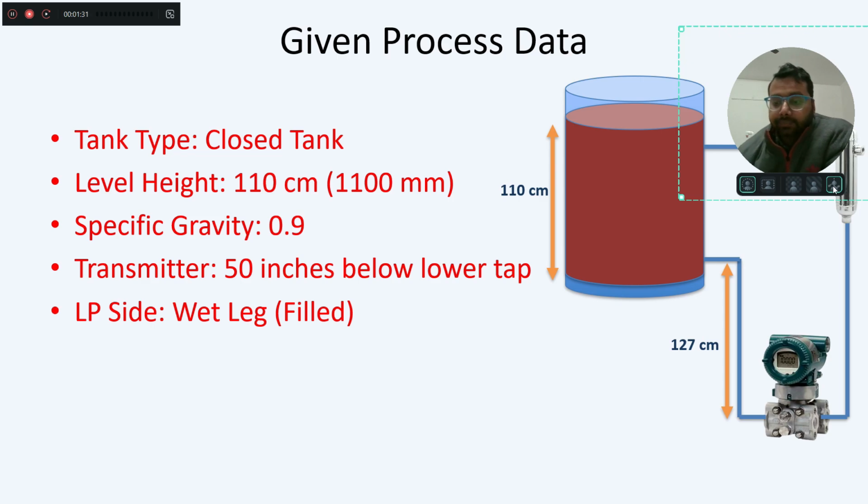If we don't fill anything in that tapping, then it becomes the dry leg, and its calculation is different. In most closed tank level systems in industries, the wet leg system is very popular. That is why I am taking the example of wet leg.